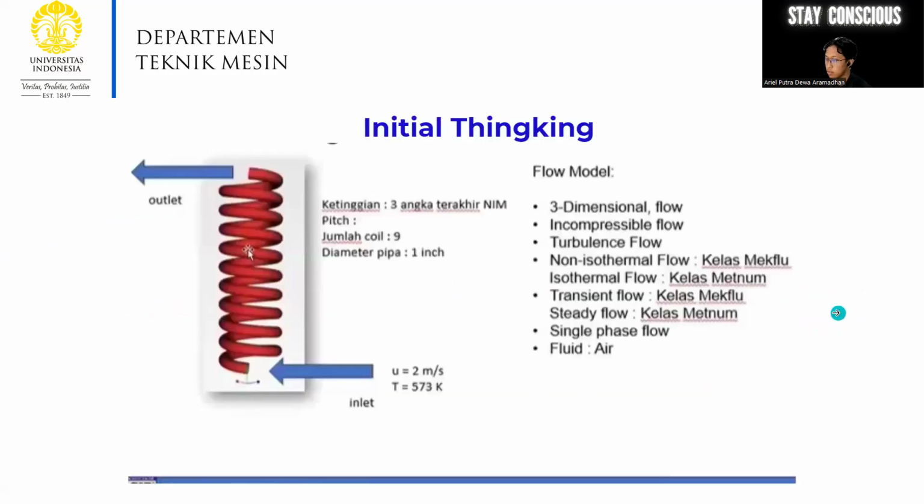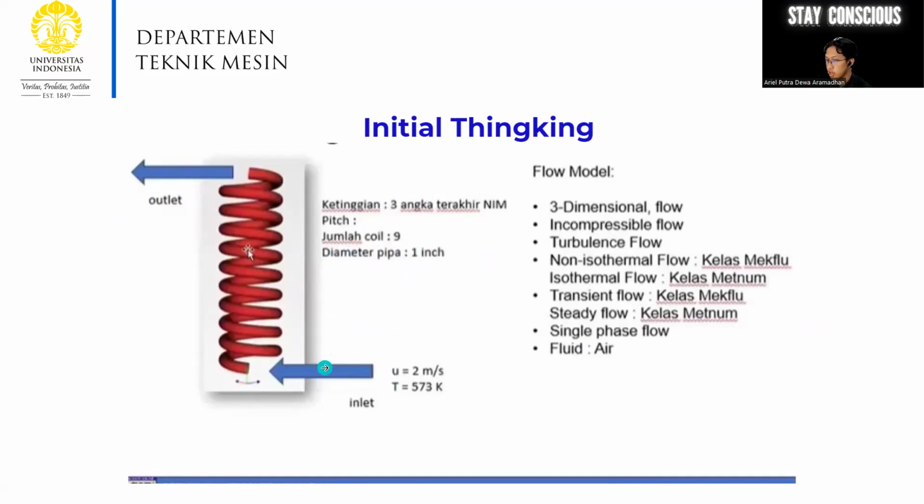So the initial thinking of the problem: here we have the helical pipe in which the inlet is in the bottom of the helical pipe and the outlet is on top of the helical pipe. The height is the 3 digits of my last NPM, which is 196 centimeter. The coil is 9 and the diameter of the pipe is 1 inch.